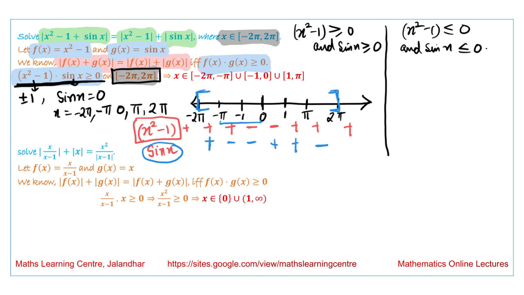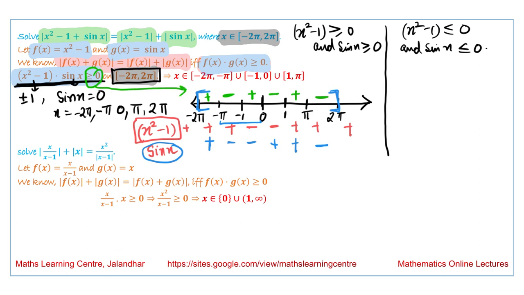If we talk about the product of these values, the final answer in this region is positive, then next negative, next positive, next negative, next positive, next negative. Now we require the final answer to be positive, that is, greater than or equal to 0. All these points are included over here.